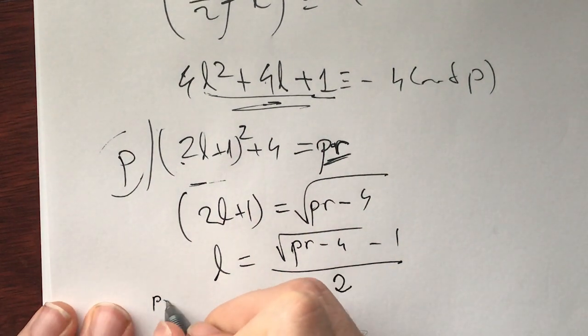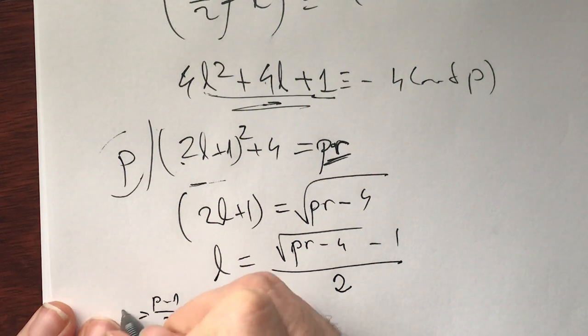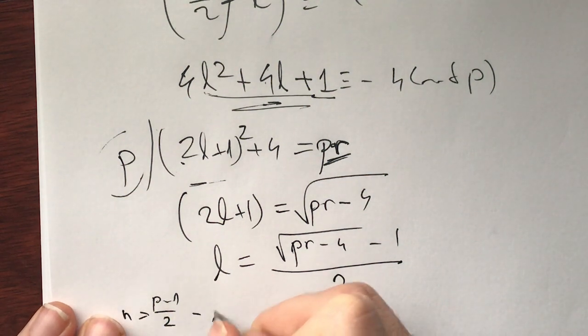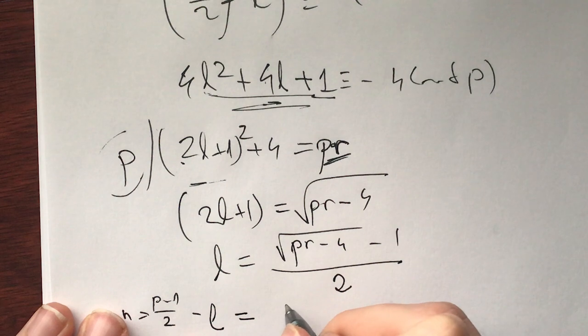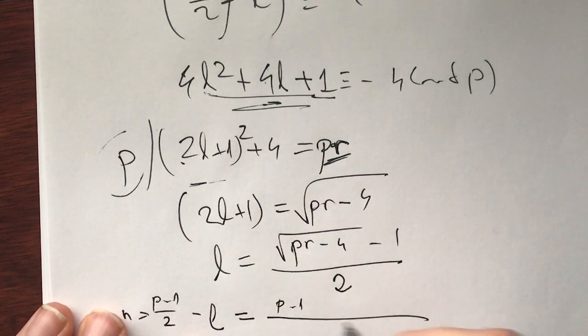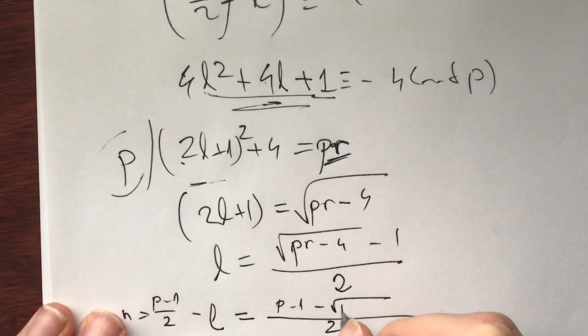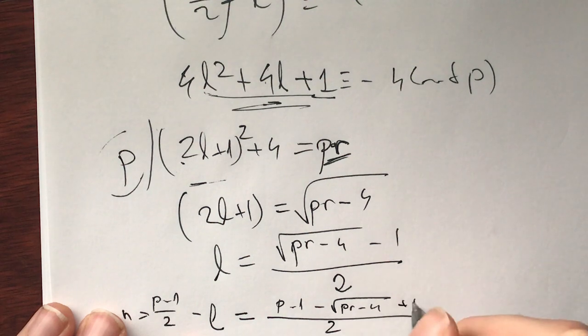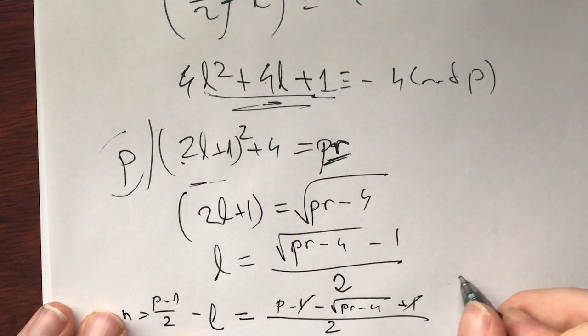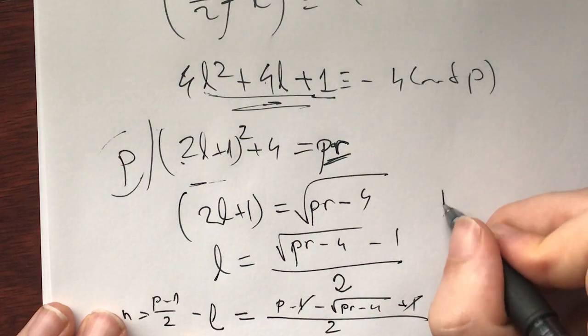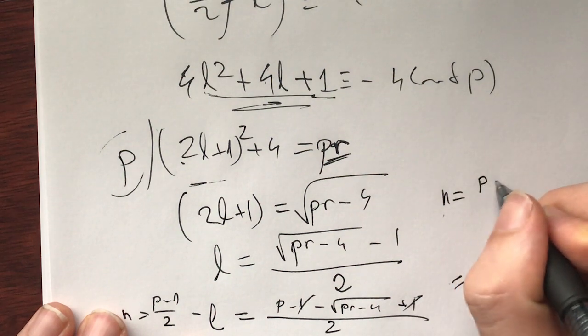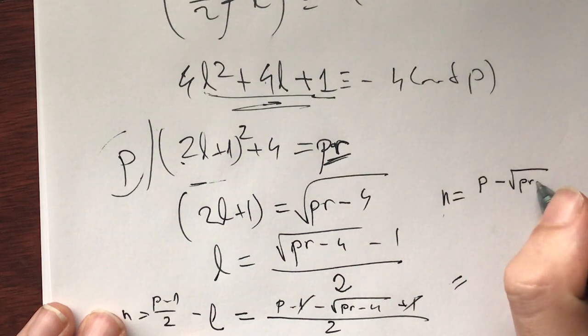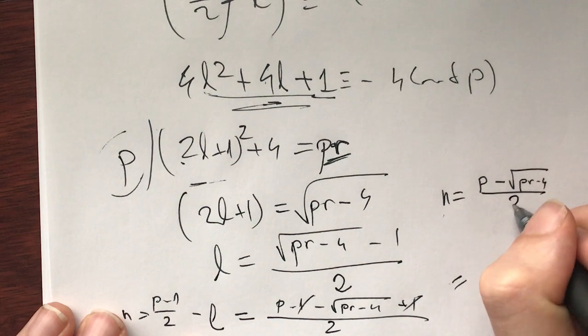And then we have p minus 1 over 2, n is this minus L. So it's going to be p minus 1 over 2 minus the square root of pr minus 4 plus 1. Those cancel out, and you get n is equal to p minus the square root of pr minus 4 over 2.